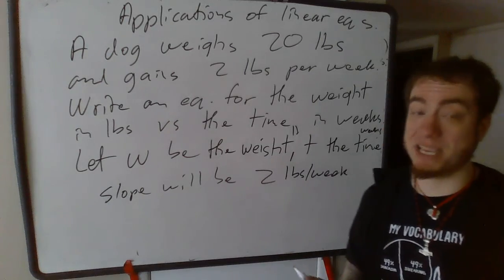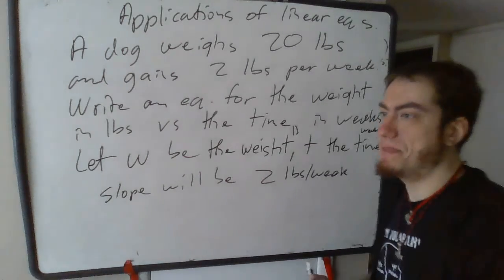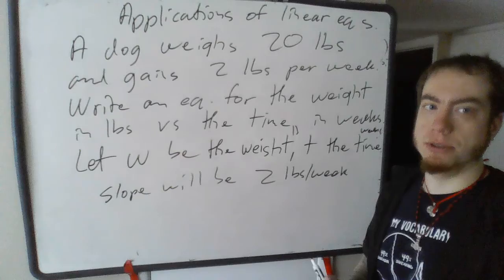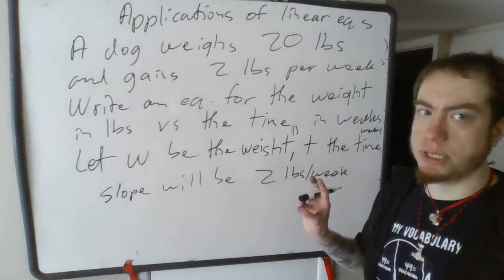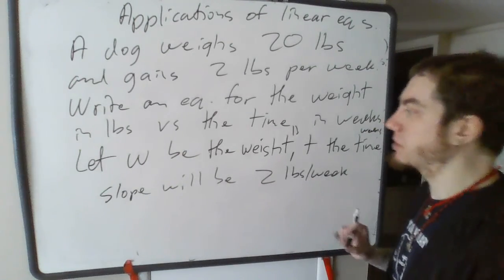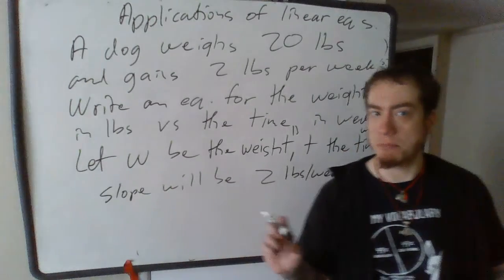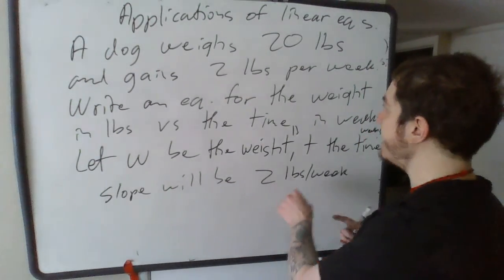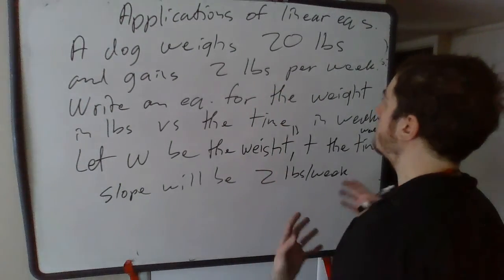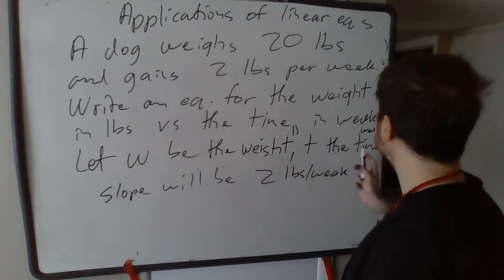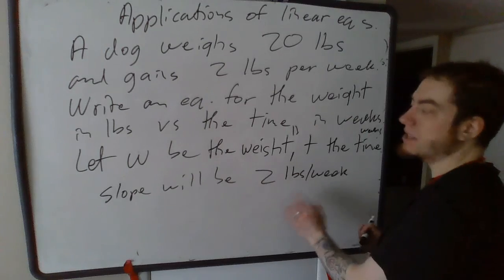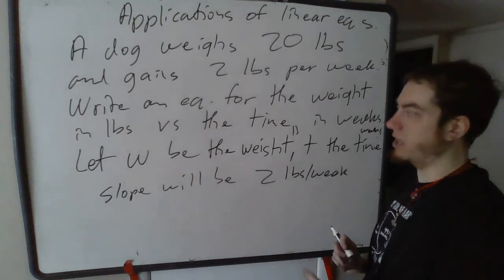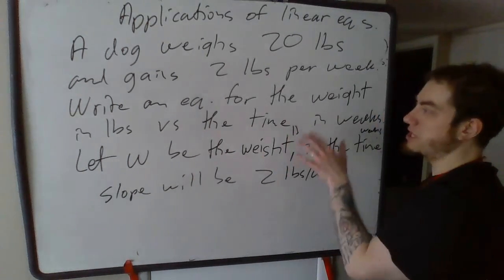Now, this is another place where dimensional analysis can help you out a little bit. Remember, dimensional analysis is just a fancy word for saying we're keeping track of the units and making sure that the units work out. It's really all you're doing. The point is that changes in weight need to be in pounds per week. The reason that this matters is because you want to be careful. Maybe I don't tell you to do the time in weeks.